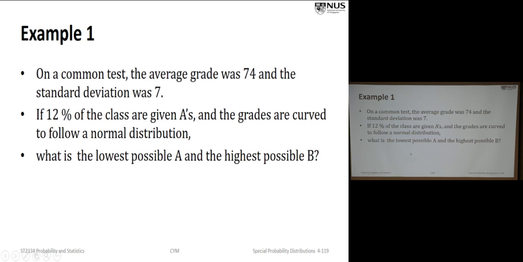The grade, I mean the marks. Can it be 74? If I set the lowest possible cutoff point at 74, those who are above 74 will get A. Then what's the percentage of A? Is it obvious?